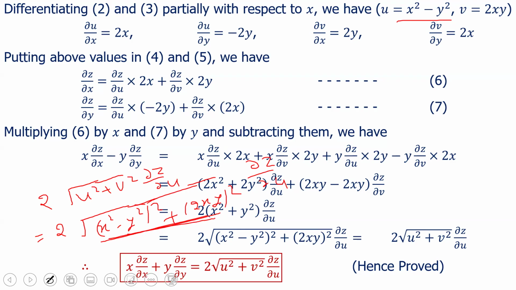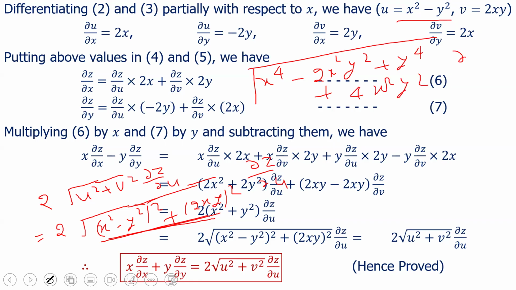So x square minus y square whole square is x to the power 4 minus 2x square y square plus y to the power 4 plus 4x square y square, whole under root of del z del u.